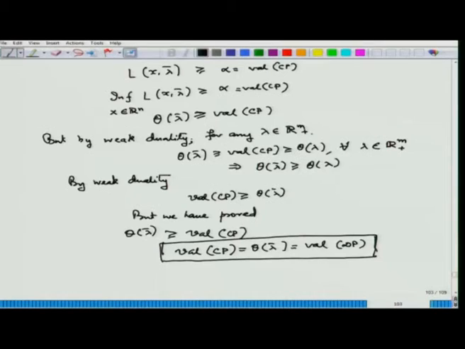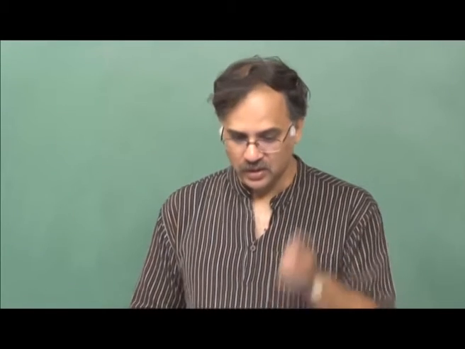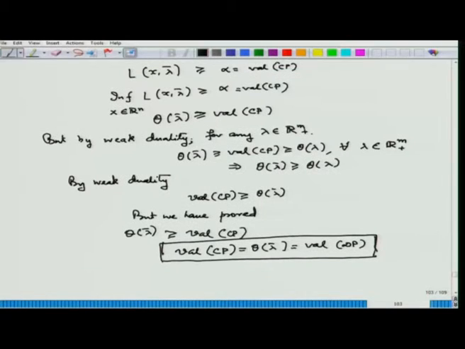Then it does not matter, if the dual problem is feasible, it is all right. The dual problem is always feasible here, because lambda is greater than or equal to 0, lambda is in R m plus. So, then strong duality not only holds under Slater condition, but the dual maximum value is achieved, that is, there is a lambda bar for which the dual value is achieved. Now, we are going to give an example of what would happen even in the case of convex programming when Slater fails.